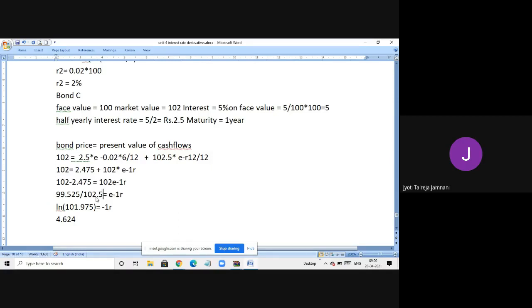So 99.525 divided by 102.5, we get 0.9709. Now we find the natural log of 0.9709.